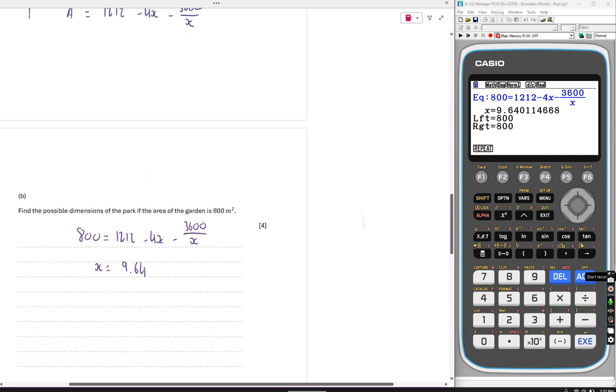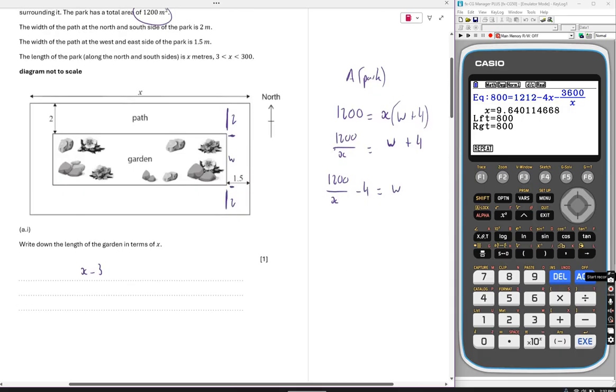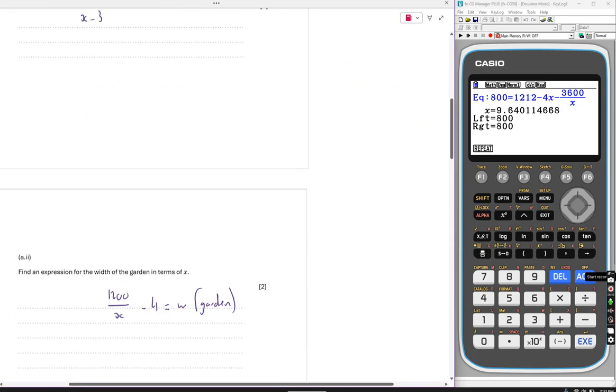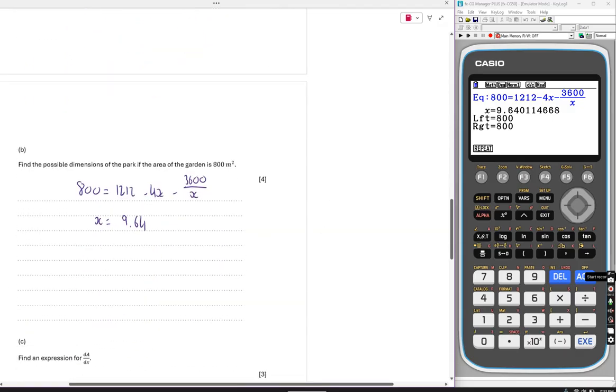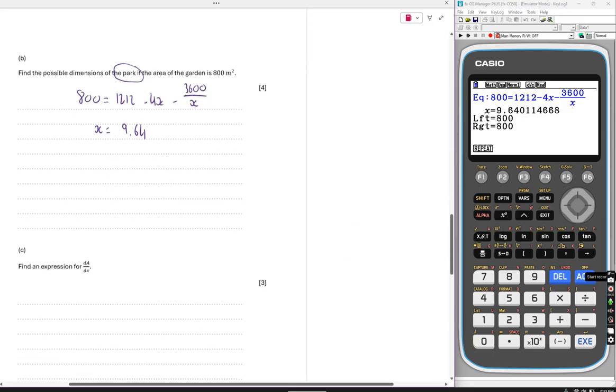So if we remember before, we had the area of the total park is 1200 meters. I've circled it right at the top. And we are trying to find the dimensions of the park. So you need to be a little bit careful because there's multiple shapes going on. So a quick little sketch of what we had before. We had the area of that entire park, and we said that was x, and we didn't actually define what the width was, but I can just say the width.